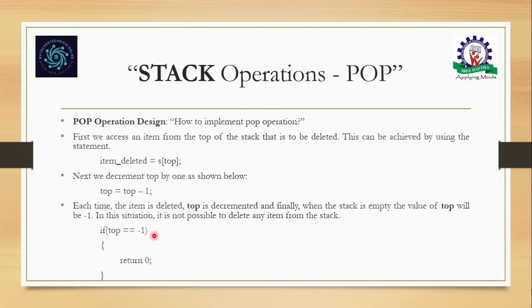If top is equal to -1, then return 0. This 0 that I am returning, I am going to use in the main function. As soon as possible I will be explaining the C program for stack operations, and at that point you will understand this 0 value I am returning. This indicates that there are no elements available in the stack body.